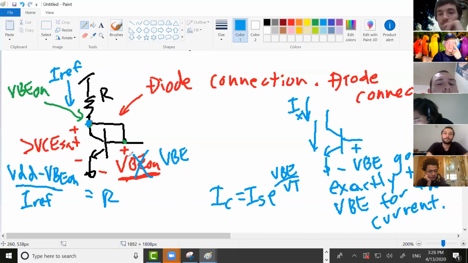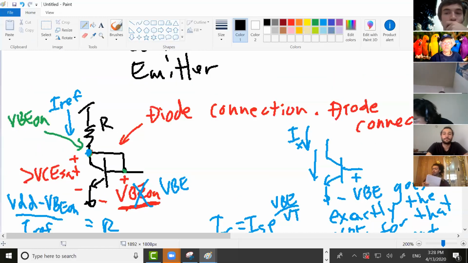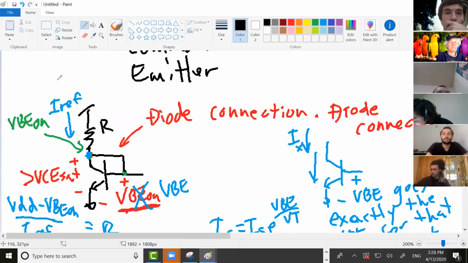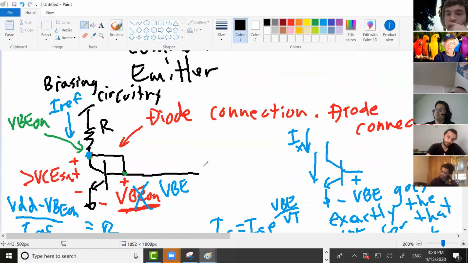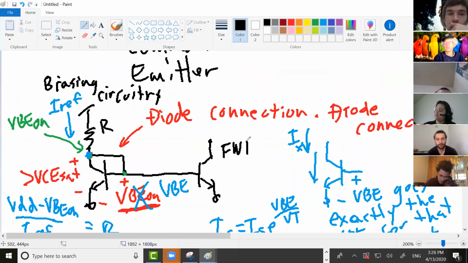Okay, so here comes, depending on who you have for lab, they may word it differently, but I call this the biasing circuitry. And then if you take this VBE and you put it on another transistor that you know is in the forward active region, this has to also be in the forward active.